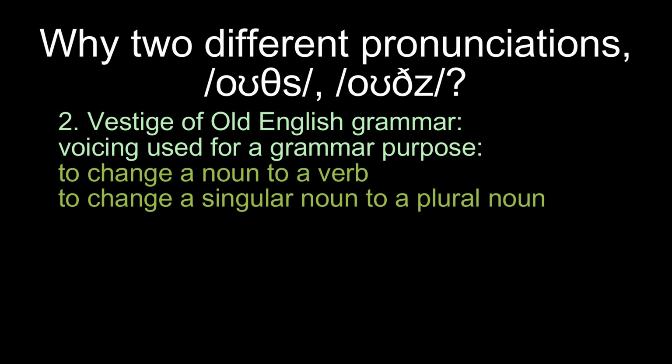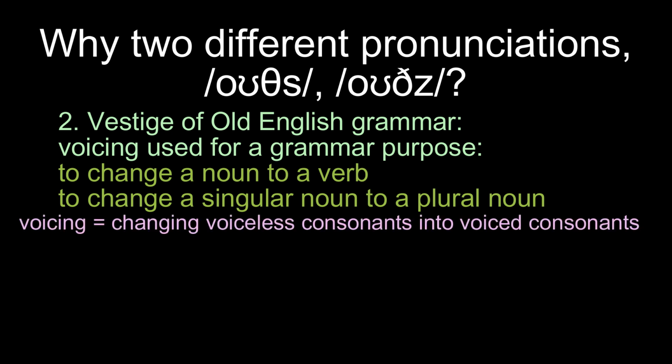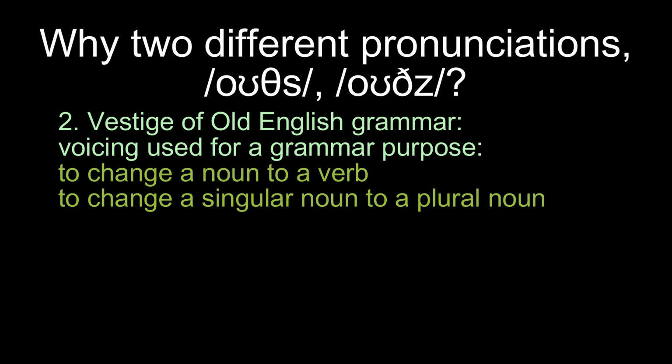The reason that oaths can be pronounced with a voiced th relates to the grammar in Old English. In Old English grammar, voicing, changing voiceless consonants into voiced consonants, was used for a grammar purpose. For example, to change a noun to a verb or to change a singular noun to a plural noun. These are some remnants of the practice.